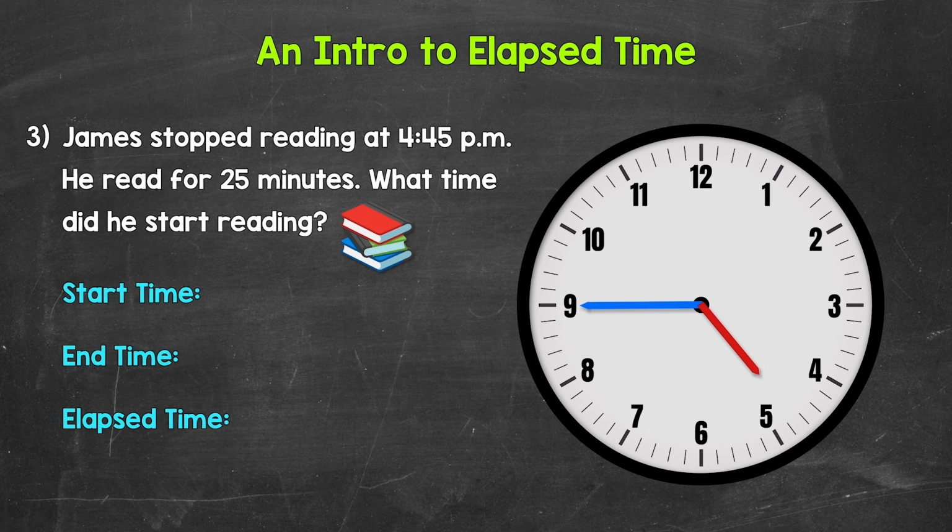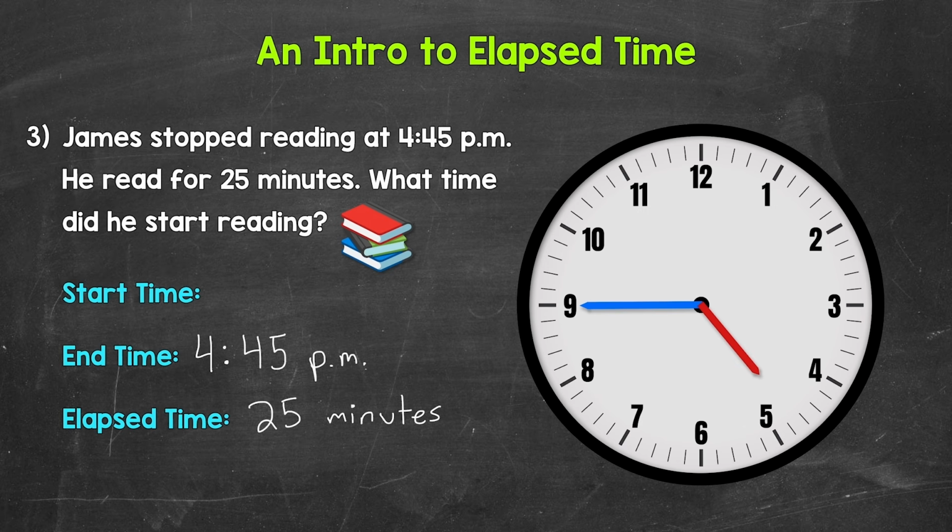Taking a look at number 3, we have James stopped reading at 4:45 p.m. He read for 25 minutes. What time did he start reading? So here we have our end time, 4:45 p.m., and then our elapsed time, 25 minutes. That's how long he read for.